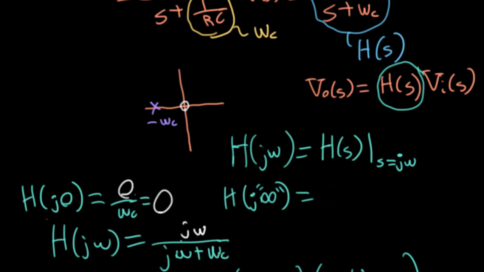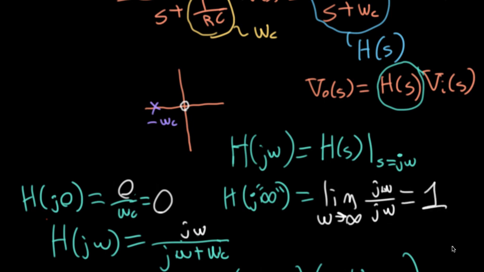So I'm left with something along the lines of a limit of j omega in the numerator and a j omega in the denominator, and that's the same. So in the limit, this is going to go to 1. So it's the opposite of the low-pass case. Here, instead of high frequencies getting eliminated, high frequencies pass through, and a theoretical infinitely high frequency passes through without any problem.